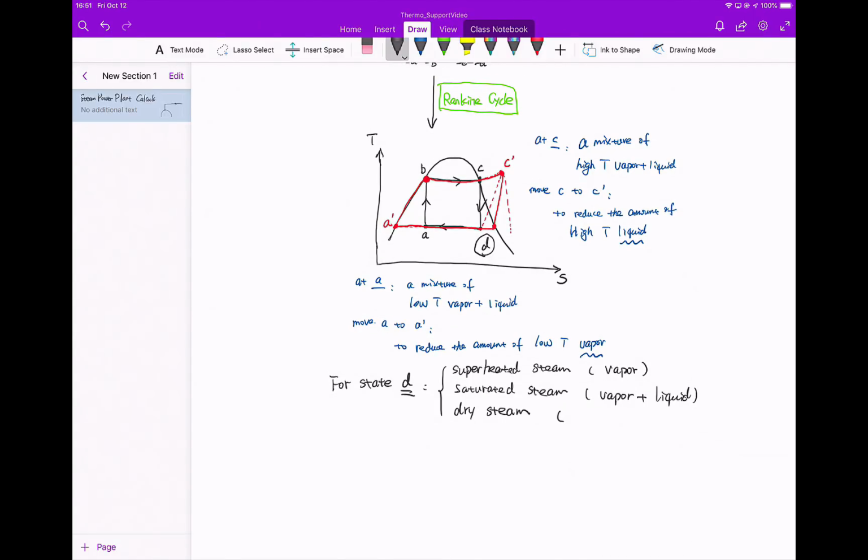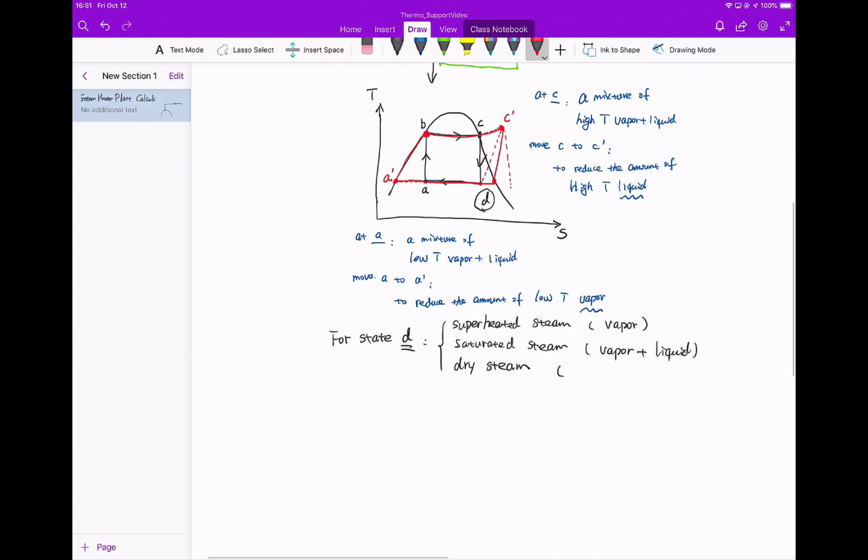For the dry steam, that is a little bit complicated to convince you, but if you look at the tie line over here, especially for that point, we are going to say the real physical definition is vapor plus liquid, but over there we are going to have the last drop of liquid, and we assume the amount is really negligible, so we would consider this almost a pure vapor phase at that condition.